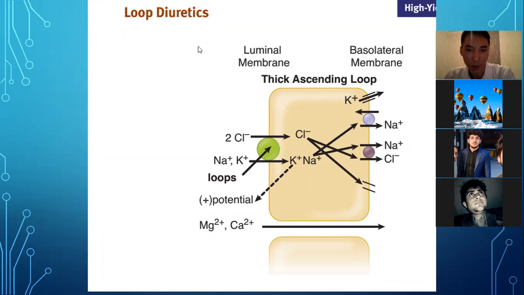But what about the loop diuretics? They are going to block these channels, these transporters, which transport chloride, sodium, and potassium ions together. If these transporters are blocked, there is no positive potential occurring, because potassium also will not be flowing out of the cell.